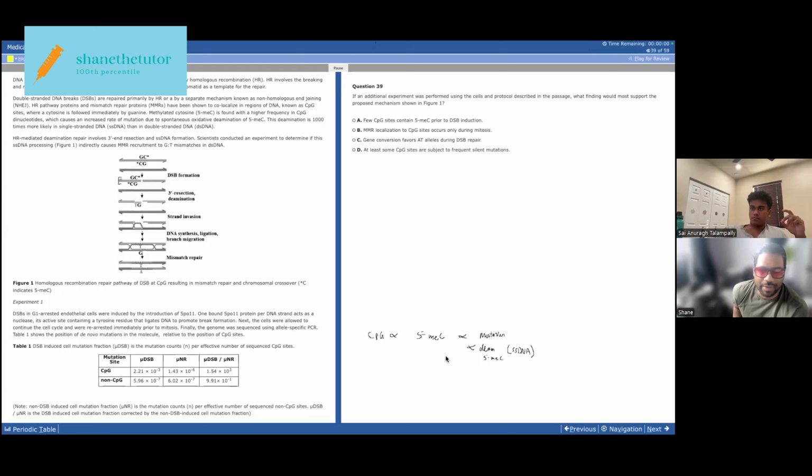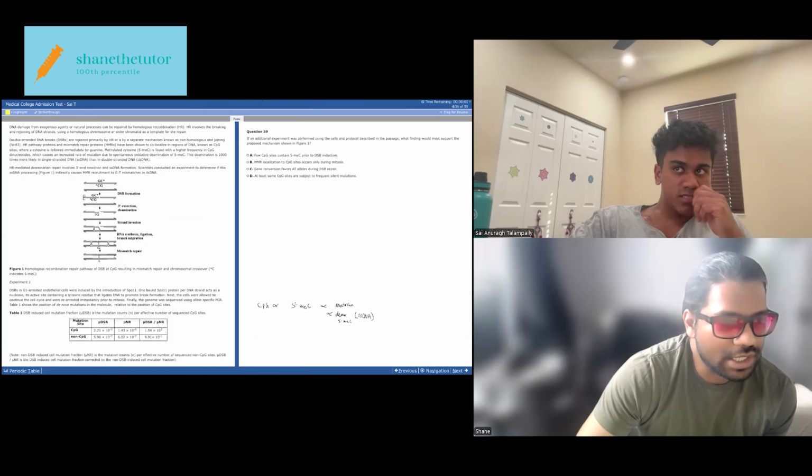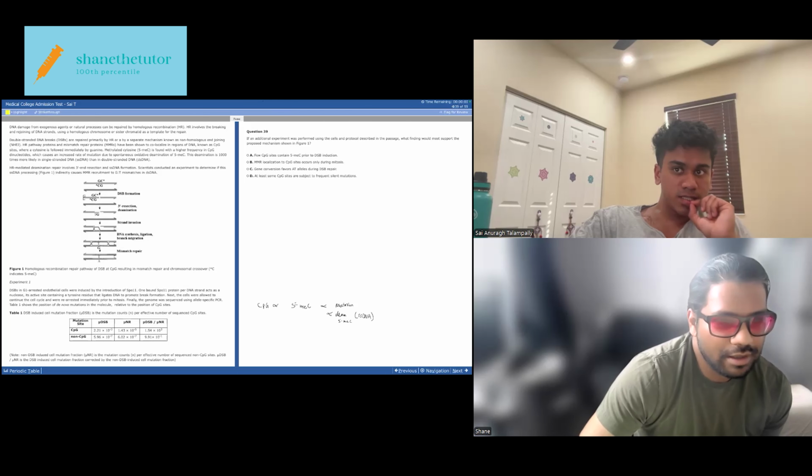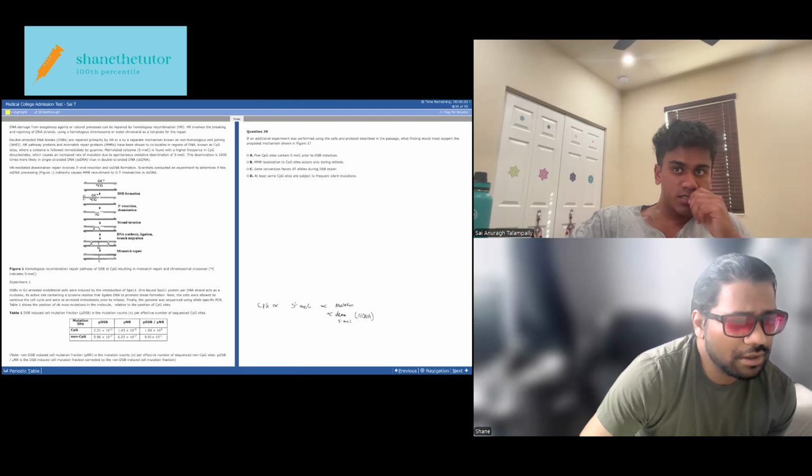Okay, and then the methylated cytosine. At the CpG sites, there's a lot more of the methylated cytosine, and that can be subject to deamination, because you're talking about GT mismatches.